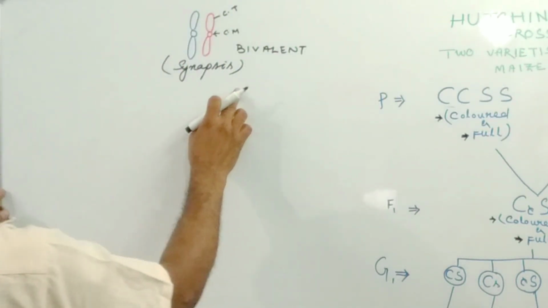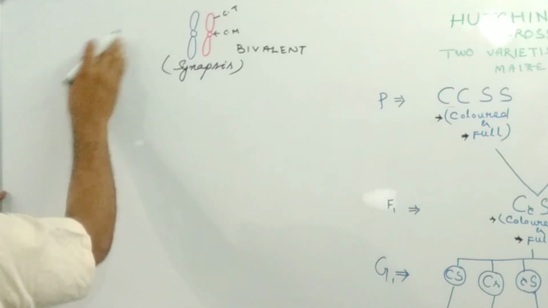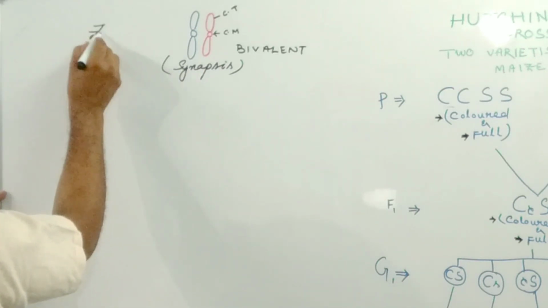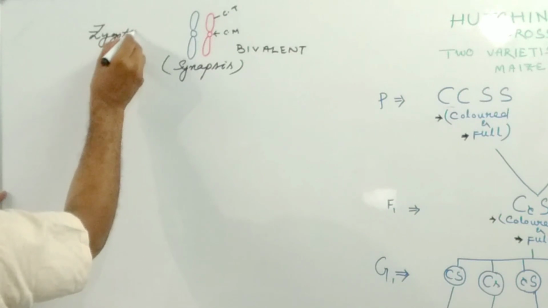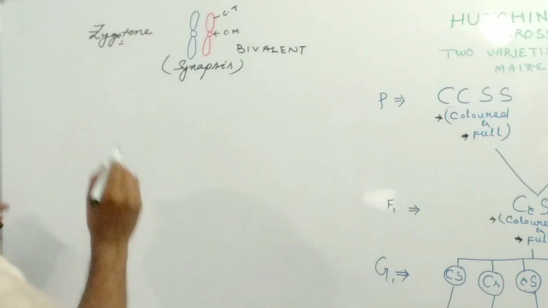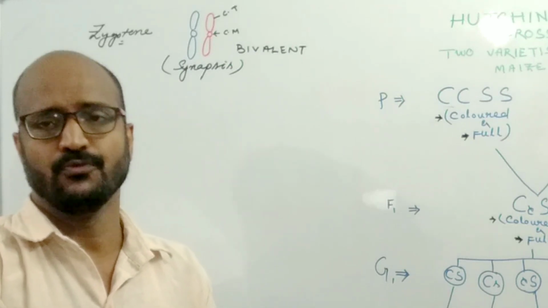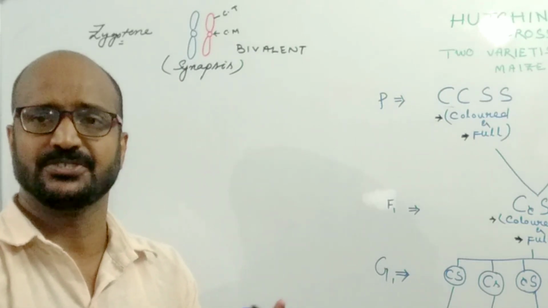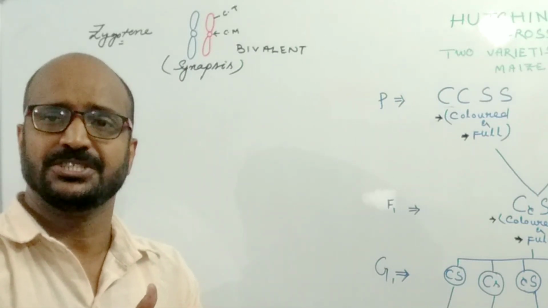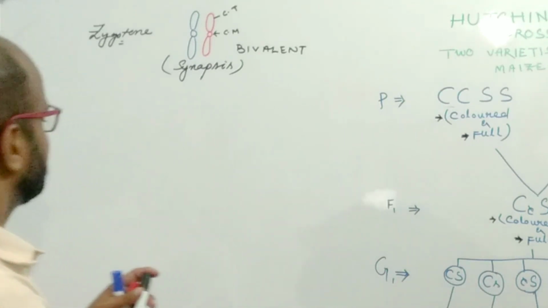The process of synapsis takes place in the zygotene phase, the second substage of prophase 1. Prophase 1 has five substages: leptotene, zygotene, pachytene, diplotene, and diakinesis.